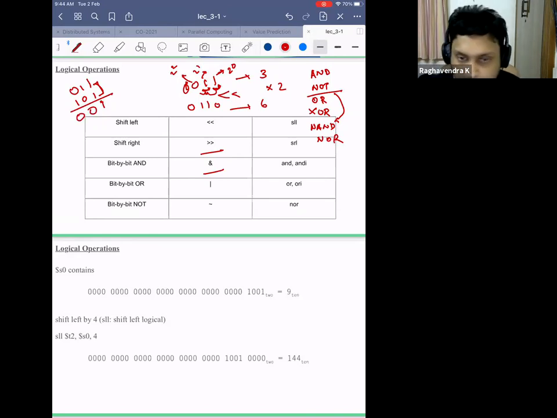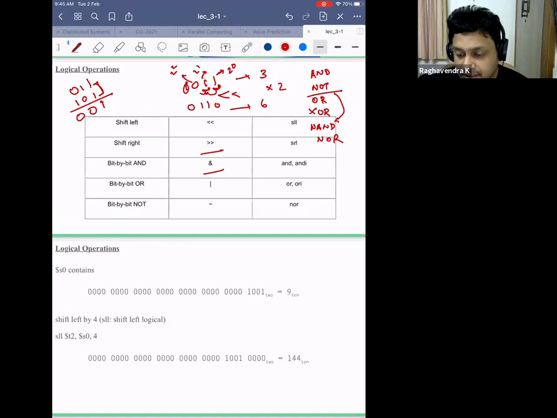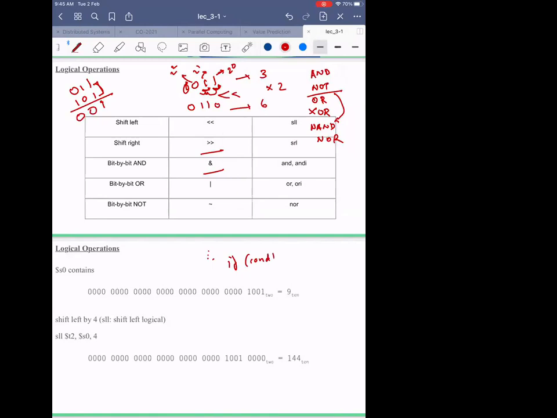But let's say you're writing a C program. Why do you need an AND operator? To check if both conditions are satisfied. No, do you write if condition 1 and condition 2?